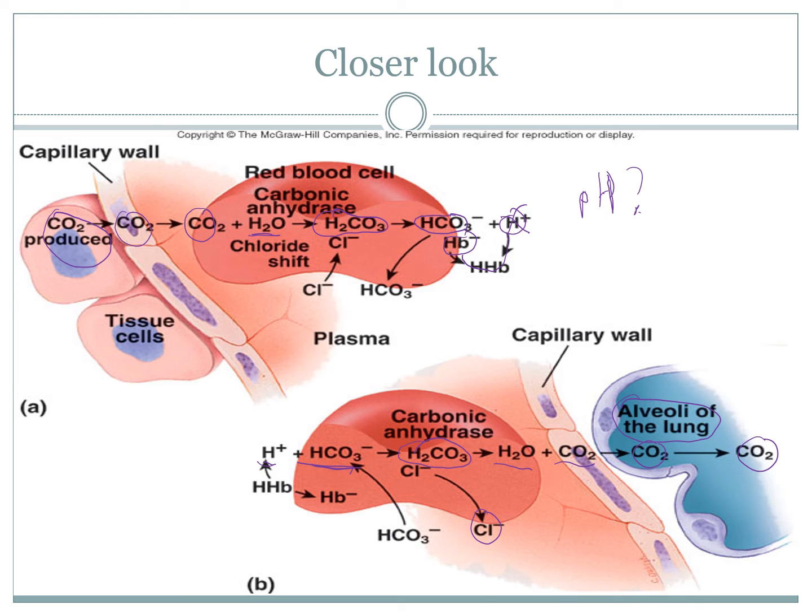Now, this happens in the red blood cells with the help of an enzyme, which is our carbonic anhydrase. So like I said, it can happen by chance in the plasma, but it's expedited in the red blood cells, and that process is how most of our CO2 transfers around.